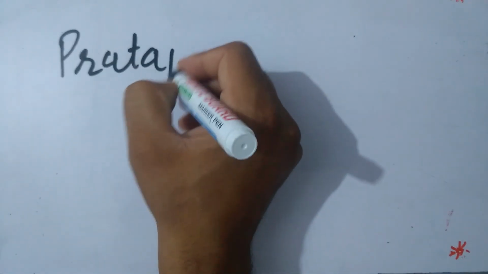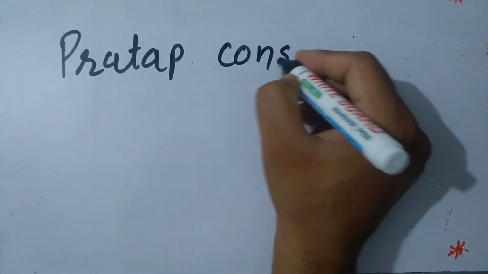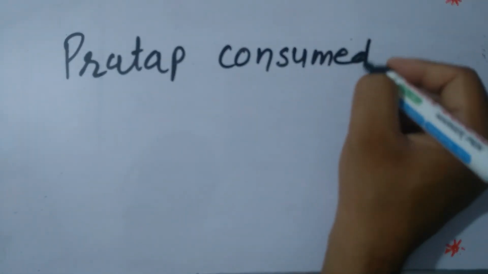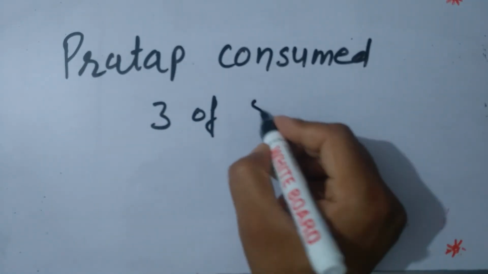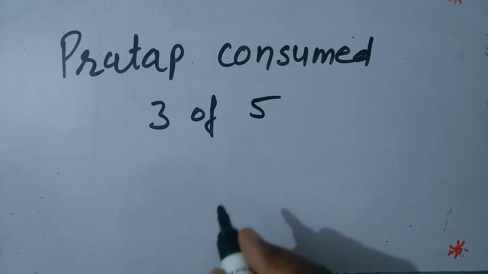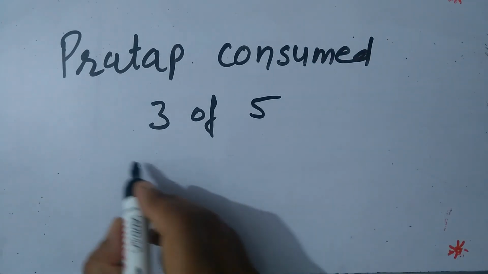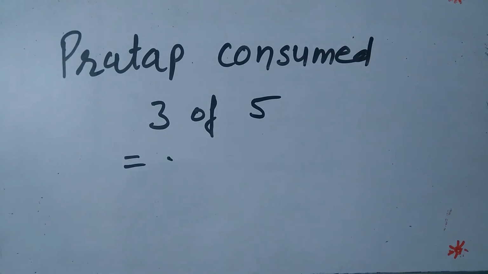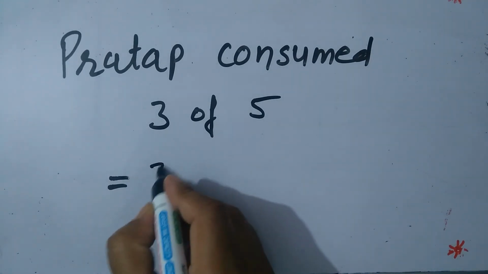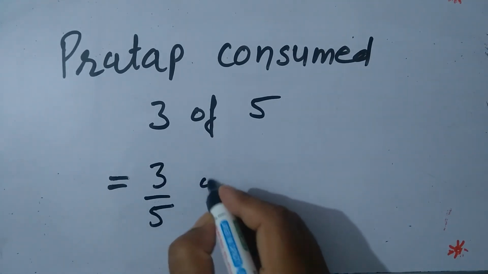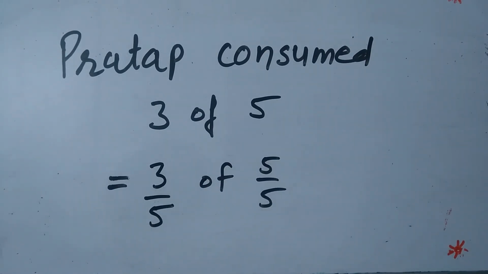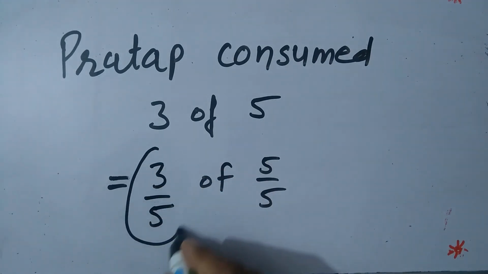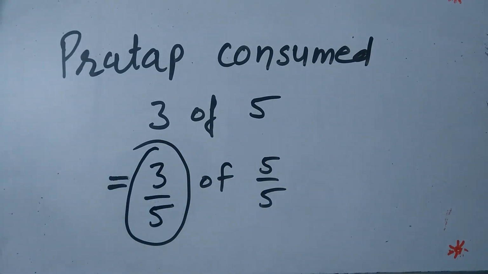Pratap consumed 3 of 5. So what we can say here is equal to, so we can write this as 3 upon 5 of 5 upon 5, right? So this is the fraction, this is the answer. Thank you.